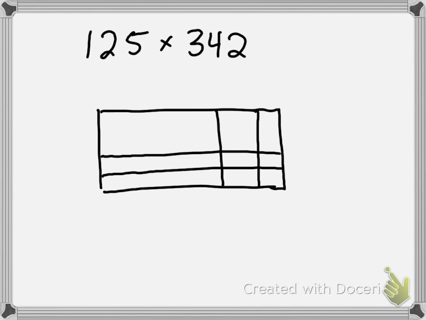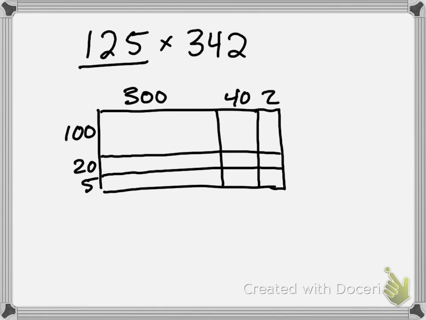A larger example of that would be 100 plus 20 plus 5 for the expanded form of 125, and then 300 plus 40 plus 2. You would go through this and fill in the area for each part. So the 100 times the 300 would be 30,000, sorry.